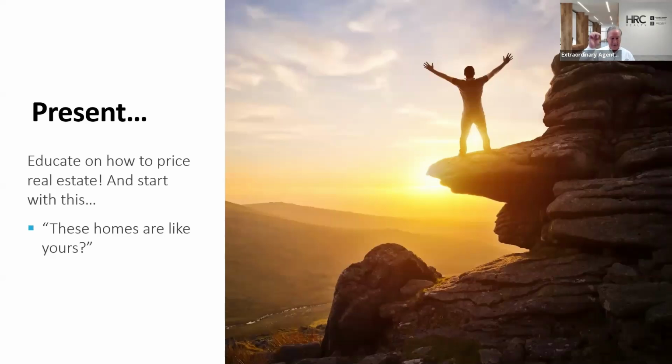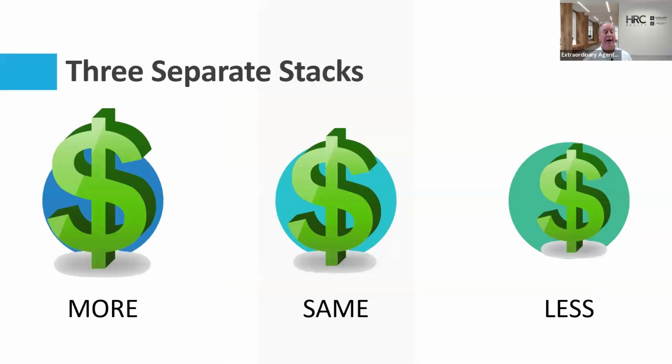One more for you, okay? I review them with the basics. Look at the bedrooms, the baths, see the square footage. Yeah, this has got the finished basement also, the 2-car garage. Basically the same home as yours. And then I ask, would you say that your home is worth more, the same, or less than this home?